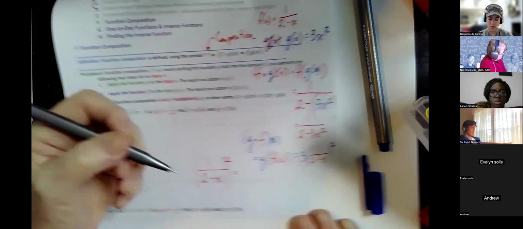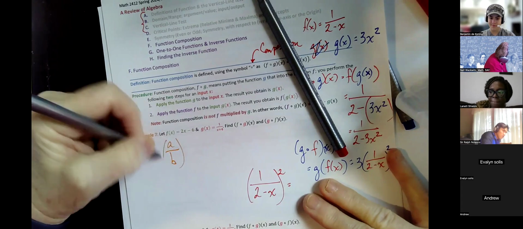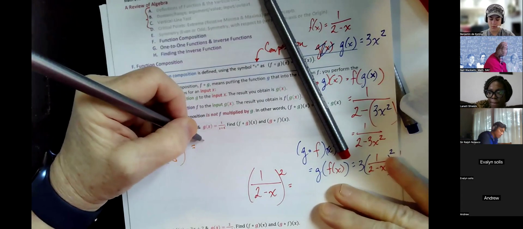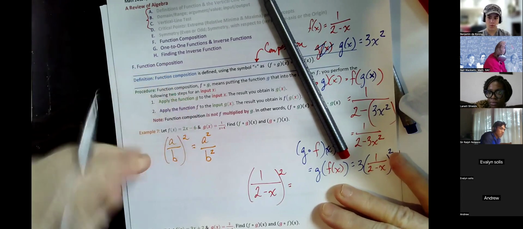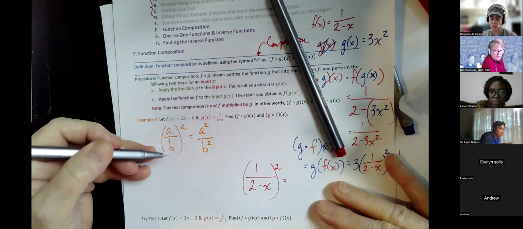So if we have a over b, squared, that is the same as a squared divided by b squared. So you just square the numerator and square the denominator.